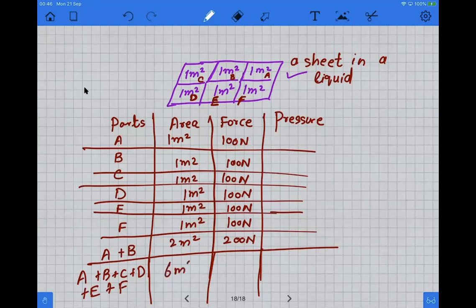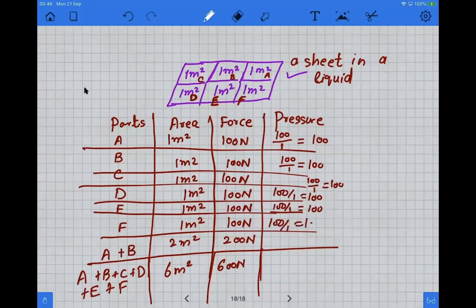The area will become 6 meters square and the force will be 600. In any case, when you calculate the pressure, 100 over 1, it is 100.